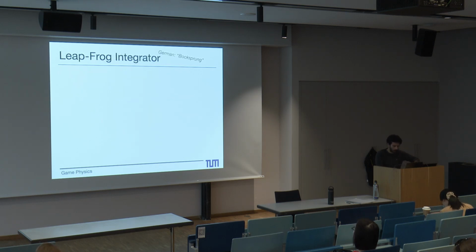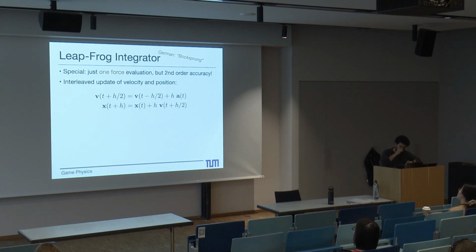Another yet different approach to do this computation is to use a leapfrog integrator, and this is somewhat special because it helps with the fact that we only have to do one force evaluation, even though we are going to get second order accuracy. Also in this case, we need to have an interleaved update of velocity and position, and the gist of this integration method is written here.